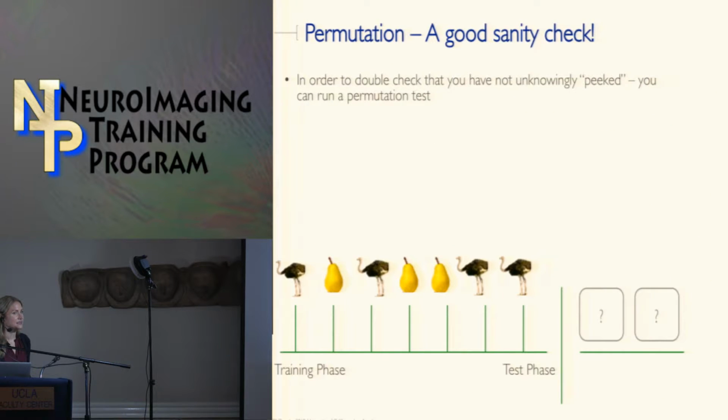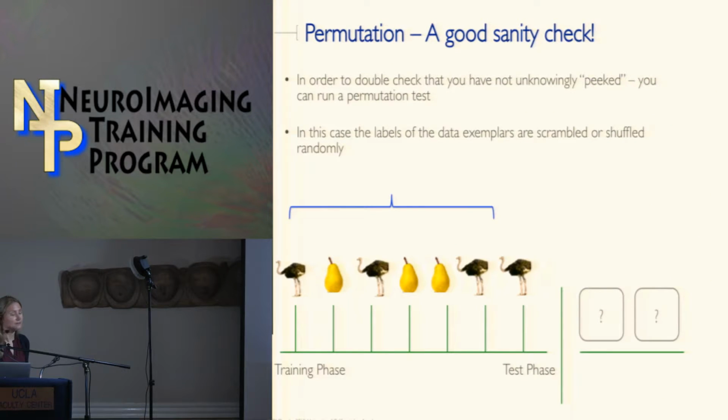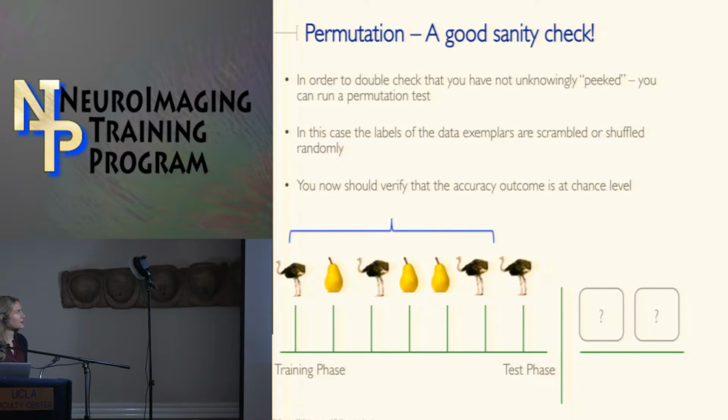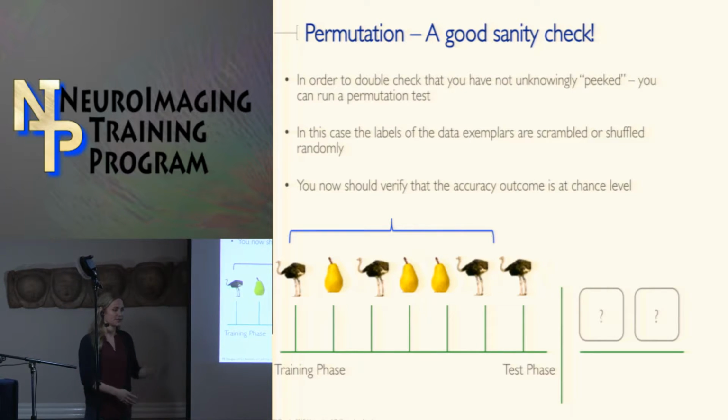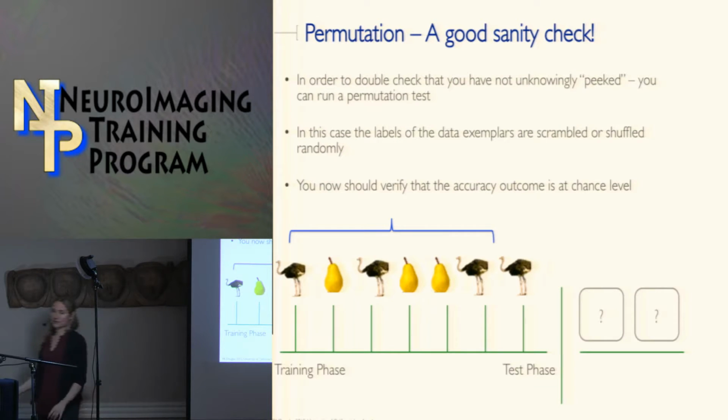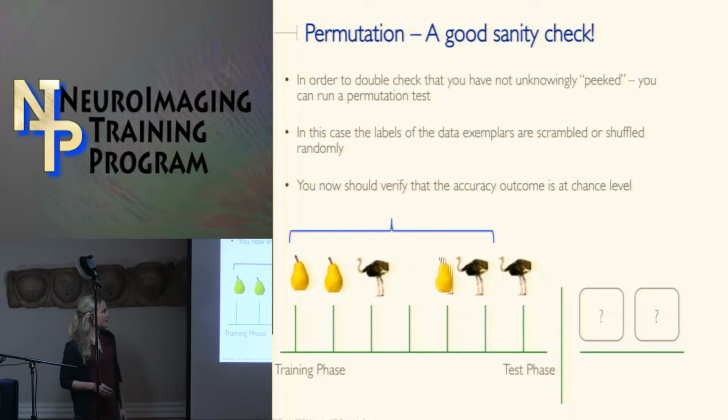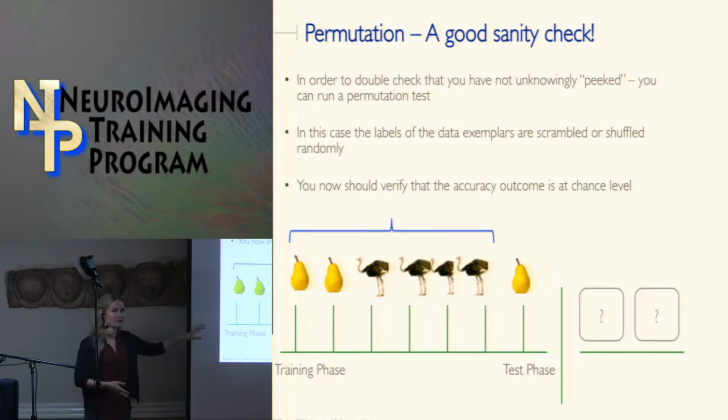So one of the things that I think is a good sanity check is to do a permutation test. I have no idea why you would want to classify the difference between emus and pears. But if you did, then maybe you would want to run a permutation test where you take the labels and shuffle them at the beginning, and you hopefully get what you would expect chance to be. So if you're doing a binary task like this, and you shuffle the labels and then you get 90% accuracy, then there's probably something wrong with your process.